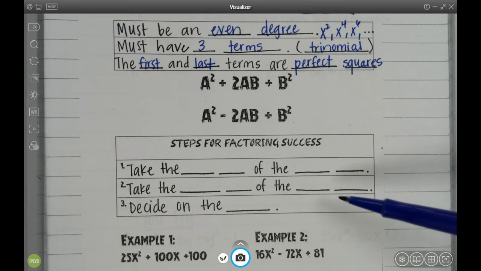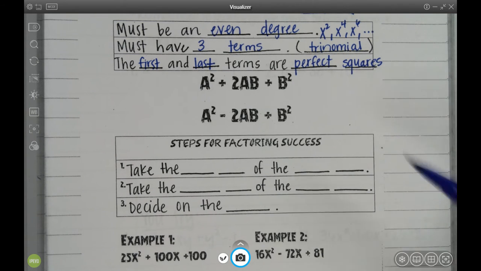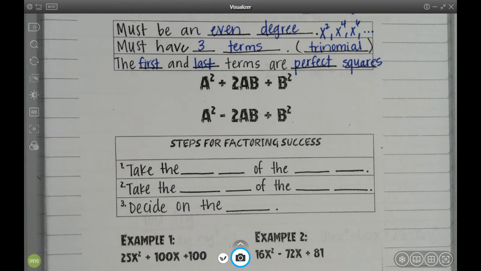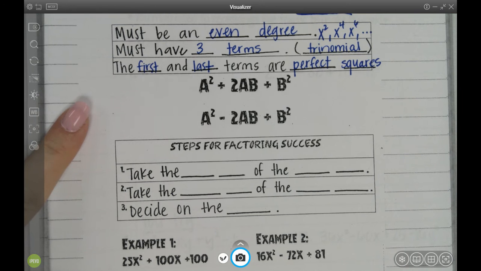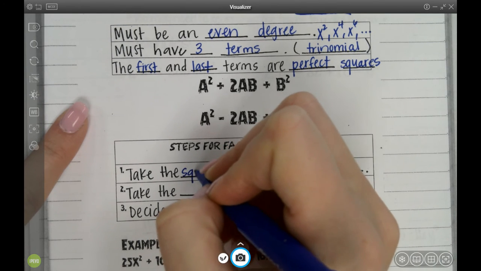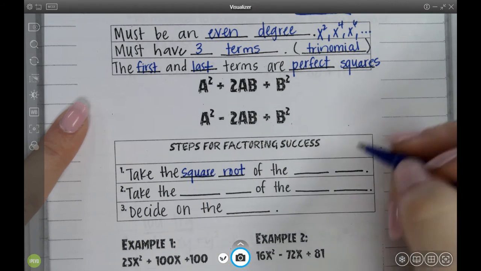Okay, I'm going to fill in my steps, and as I do that, I'm going to fill in these formulas up here, okay? So my first step, always for any factoring problem ever, is to look for a GCF. Once you've looked for a GCF, and you have one that fits this description, then we're going to take the square root of the first term.